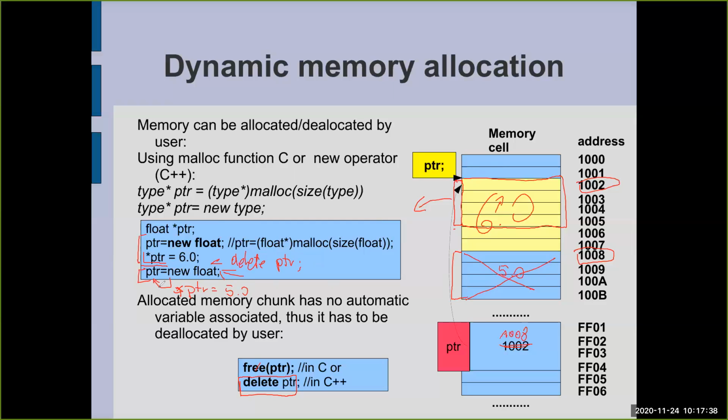Of course, when you stop your application, the memory which was allocated, even if it was orphaned, will be released, but only at the end. So it's because the memory context is allocated for every application independently.